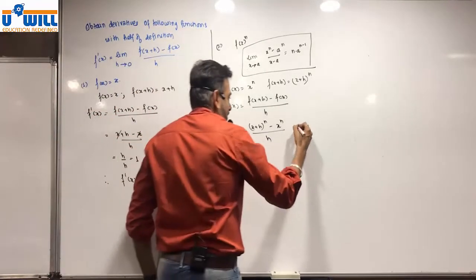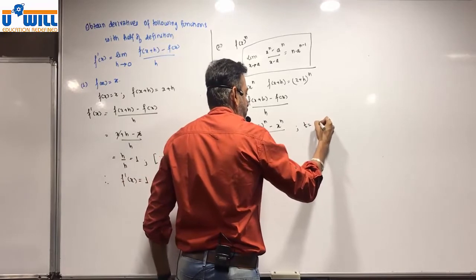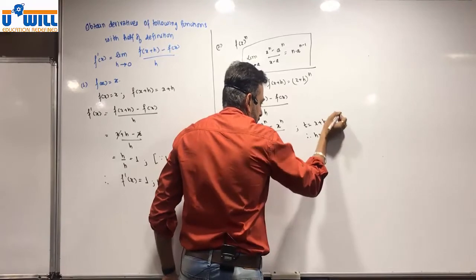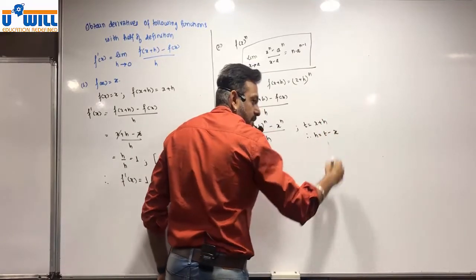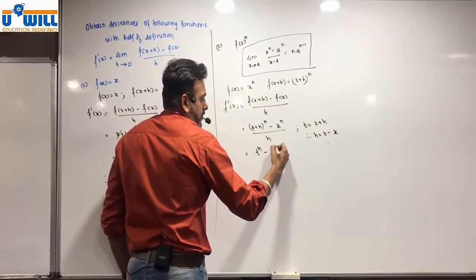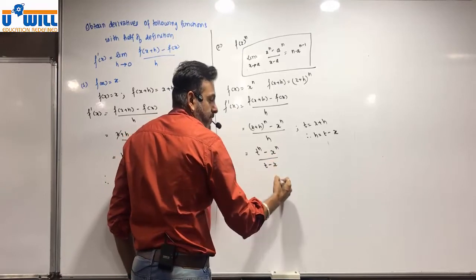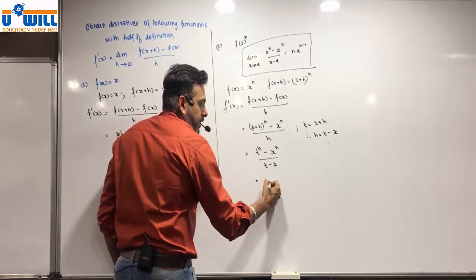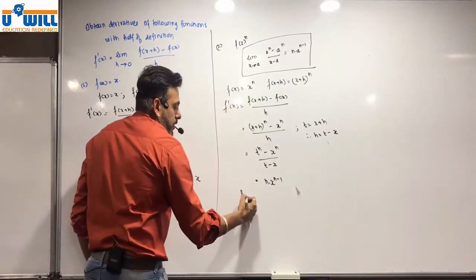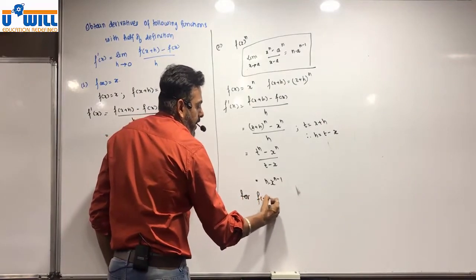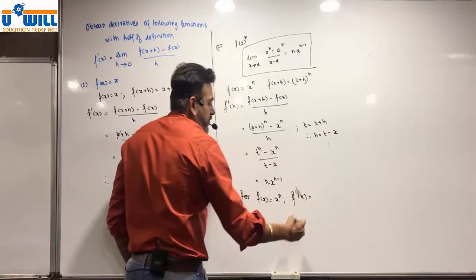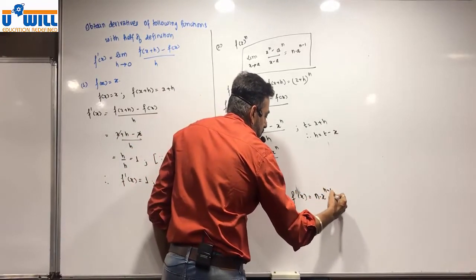Okay, t is equal to x plus h. Therefore, h is equal to t minus x, which gives t raised to n minus x raised to n upon t minus x, which is equal to what? n into x raised to n minus 1. So for function f of x is equal to x raised to n, derivative of this function is equal to n into x raised to n minus 1.